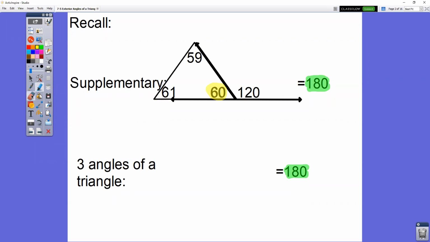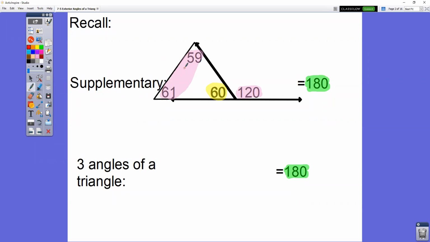Now, what happens when that does that is that we end up with these two angles, 59 and 60. These two angles added together equals this outside angle.